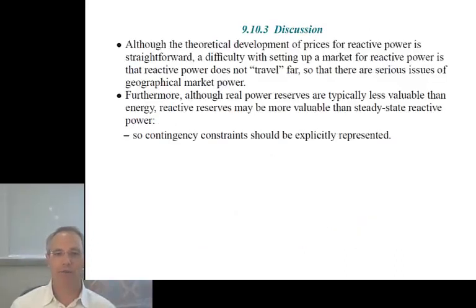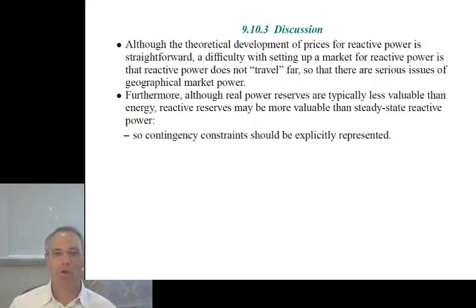Although this theoretical development of prices is quite straightforward, a difficulty with setting up a market is that reactive power doesn't travel very far, so that there are serious issues with geographical market power. Furthermore, solving a full AC formulation in general, which is nonconvex, is a difficult problem to solve in real time.